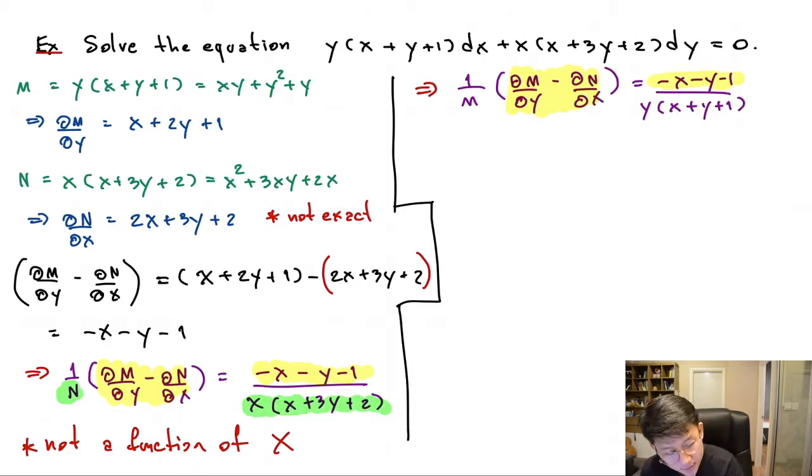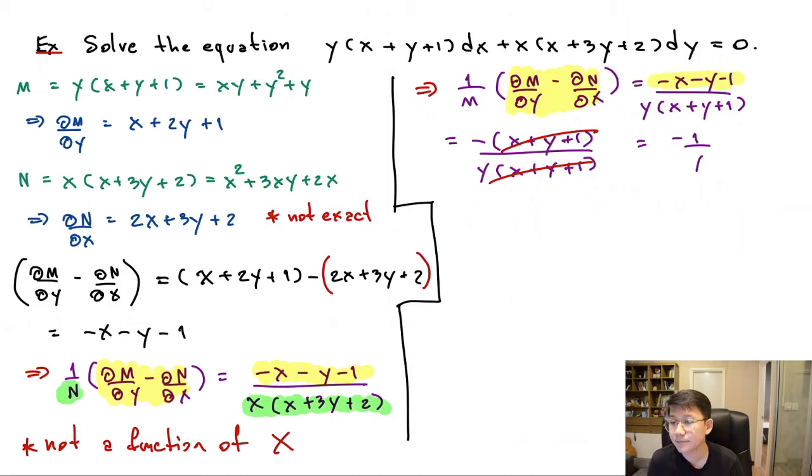And as you can see, if I pull minus out, you get x plus 1 plus y, plus 1 divided by y times (x plus y plus 1). And this got cancelled out. And what I have is minus 1 divided by y. Okay? And as you see, it's actually a function of y.